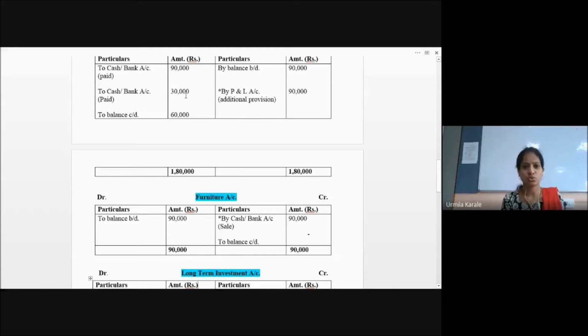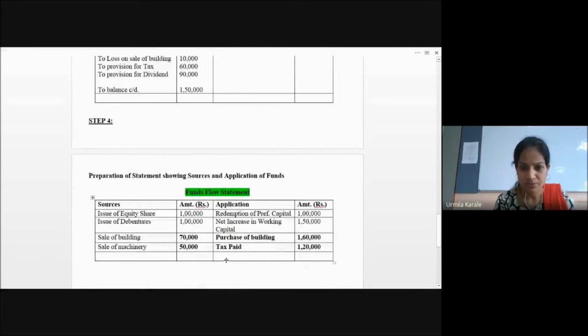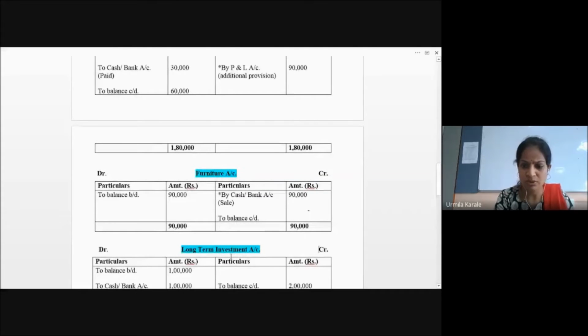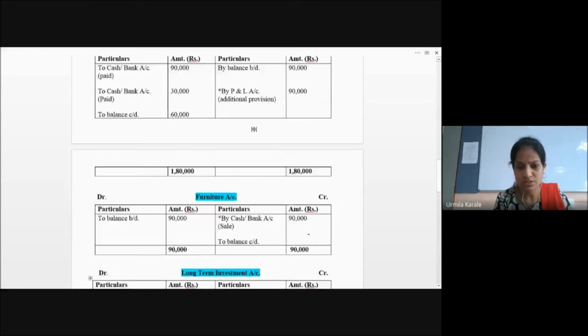So you can show the total amount of dividend paid, 90 plus 30, 120. Dividend paid means application, you are making payment, right? So first we paid 90, then we paid 30, means 1,20,000. You have paid the dividend. Total amount I am showing. Both amounts are not required to be shown separately. This is also done.